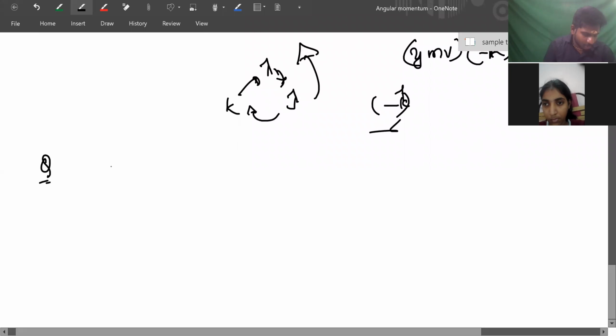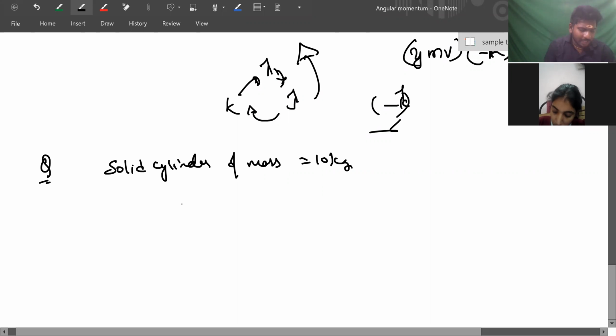Another question. Given a solid cylinder of mass 10 kg, rotates about its axis with an angular speed of 50 radian per second.